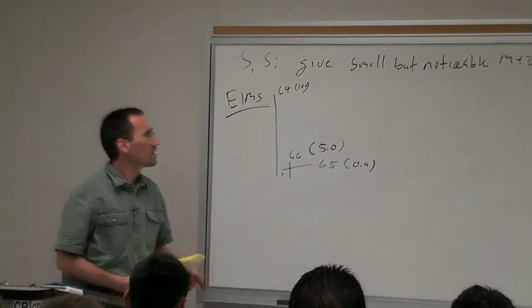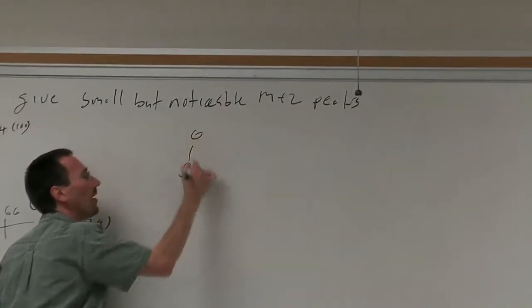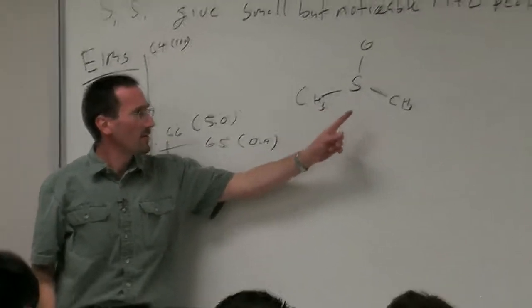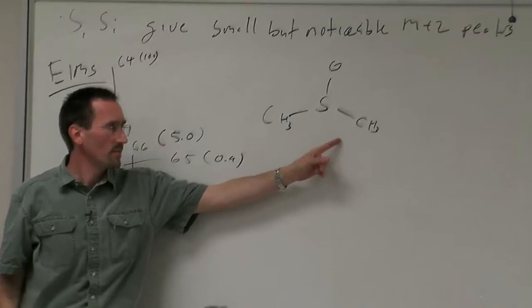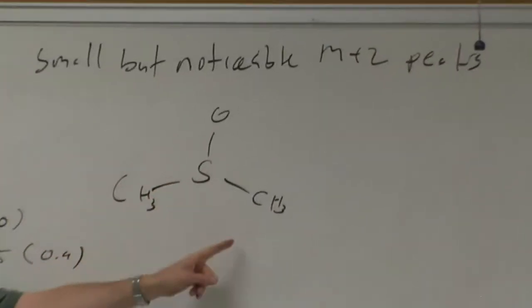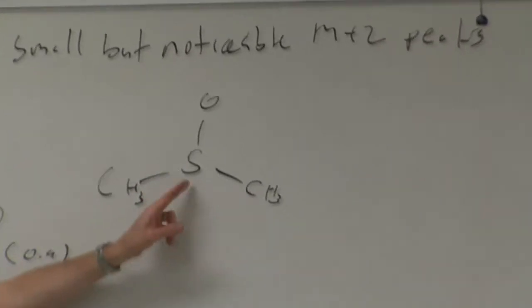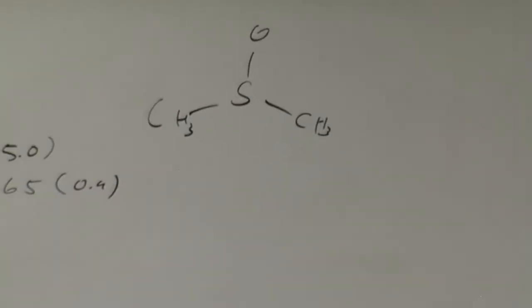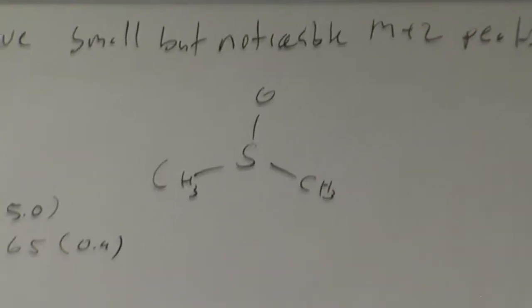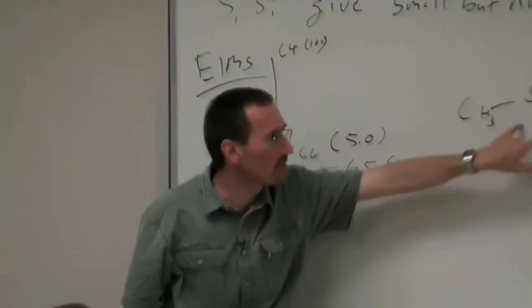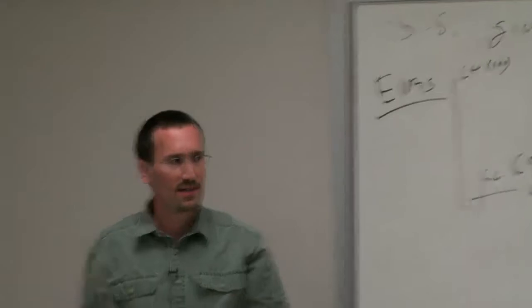DMSO would be 15 sulfur and oxygen. So we're at 32, 16, 48, 30. That doesn't work out. Too big, and we'd expect our M+1 peak with 2 carbons to be a little bit bigger. Anyone else?